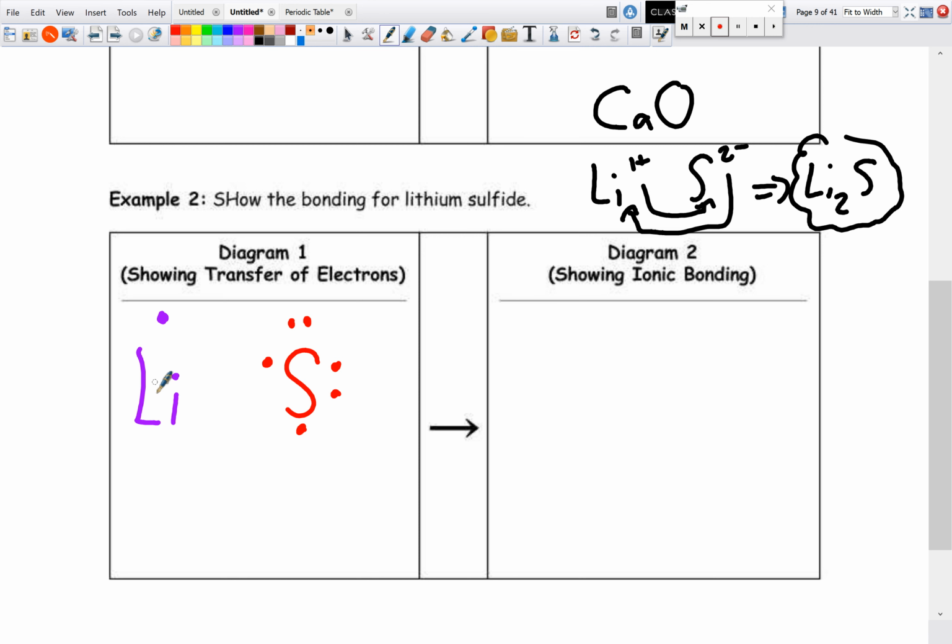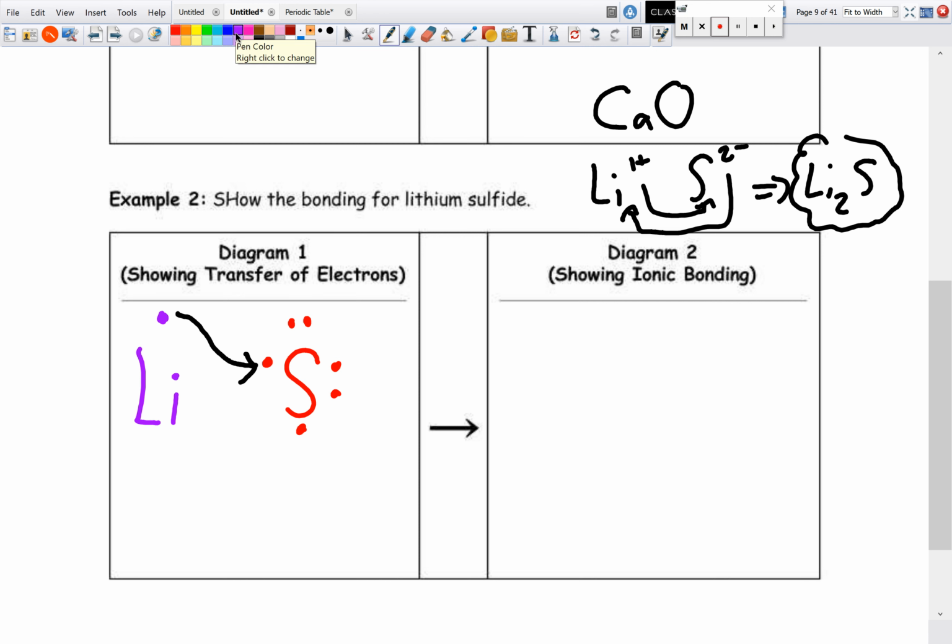Now, if you wrote just 1 lithium and 1 sulfur, you'll notice that we can transfer this bonding electron from lithium over to that bonding electron from sulfur. Now, that's fine. So this lithium right now has a complete empty shell around everything, but sulfur isn't full yet. It still needs one more electron.